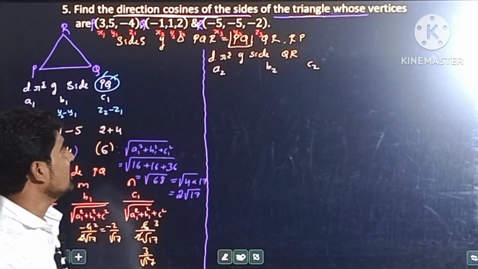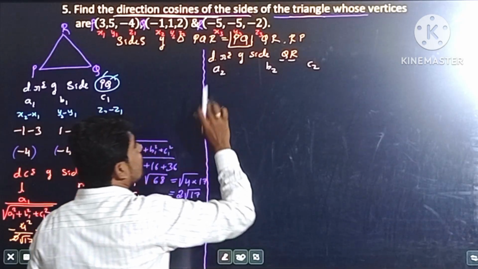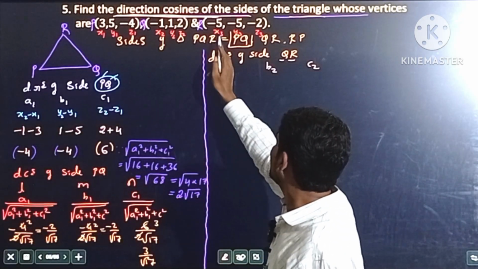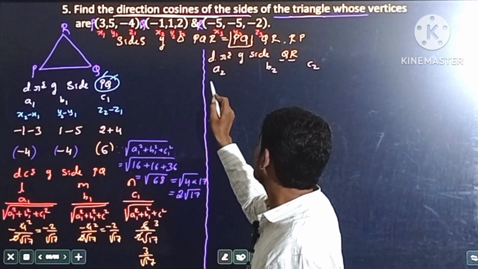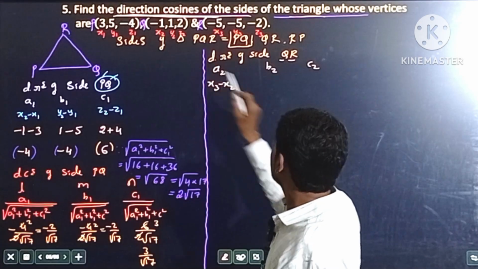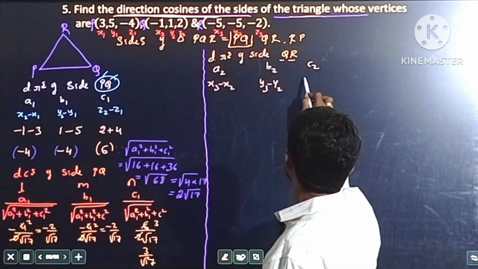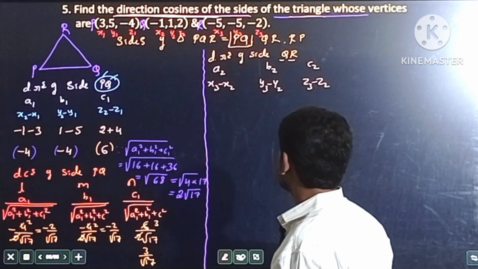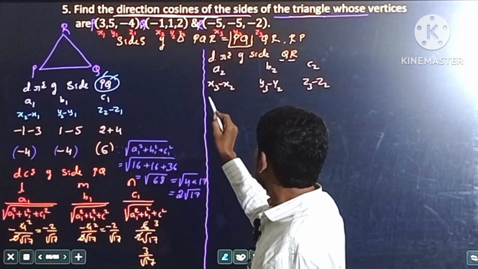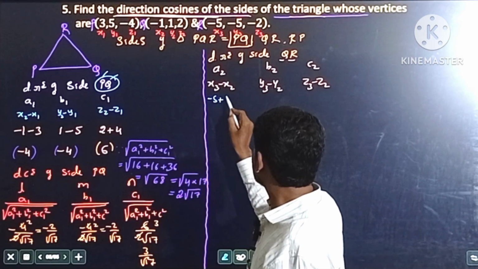I hope all of you are understanding. In the side QR, the first point is Q and the second point is R. Therefore, the value of A2 is X3 minus X2, and B2 is Y3 minus Y2, and similarly C2 is Z3 minus Z2. So the value of A2 equals X3, which is minus 5, minus X2, which is minus 1, minus into minus plus 1.